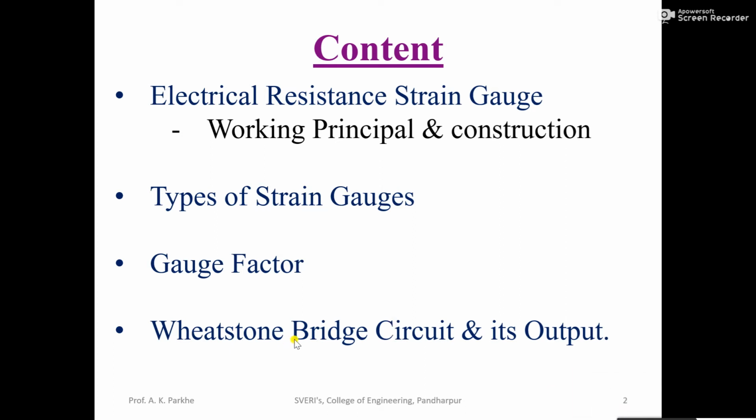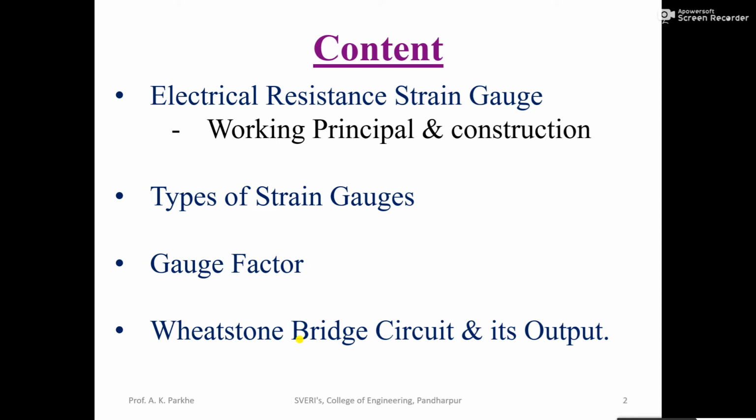The basic introduction related to this Wheatstone bridge circuit and its output: wherever we use strain gauges in any type of application, sometimes one strain gauge, sometimes two, three, and sometimes four strain gauges are used in a single application, and if we increase the number of strain gauges in the application, how does the output increase? Those different derivations we are going to discuss in this Wheatstone bridge circuit.